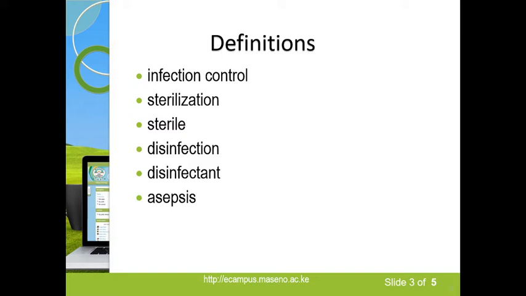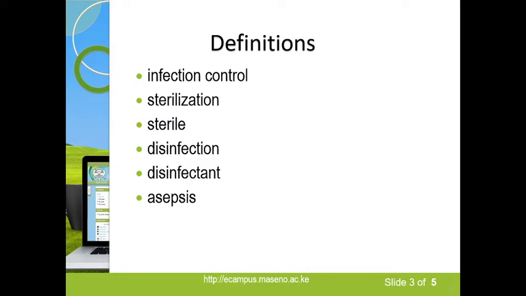When we say an object or an instrument is sterile, it means it is free from any microorganisms, even the spore-forming microorganisms.